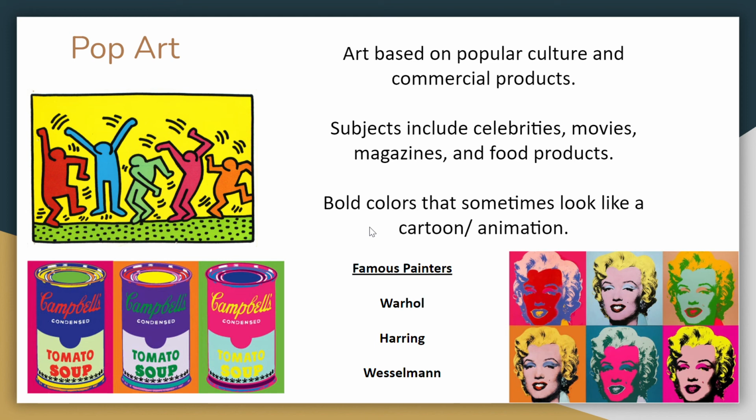So, class, today we looked at some different styles of paintings, like pop art, modernism, impressionism, and realism. If you want to learn more, I encourage you to go look those up yourself. It's very interesting, some of the paintings.